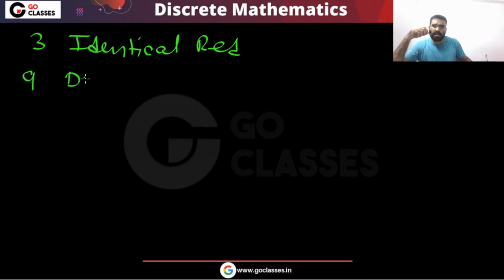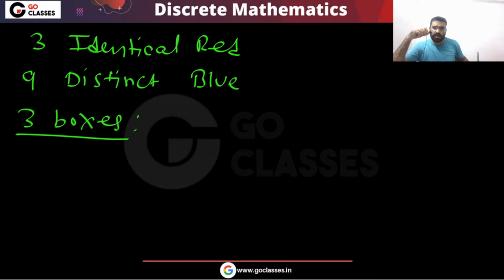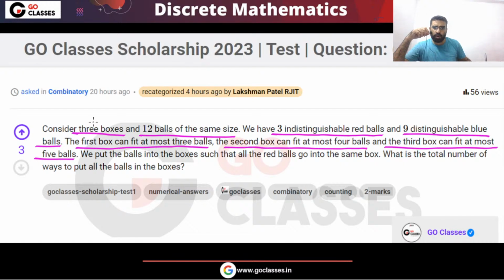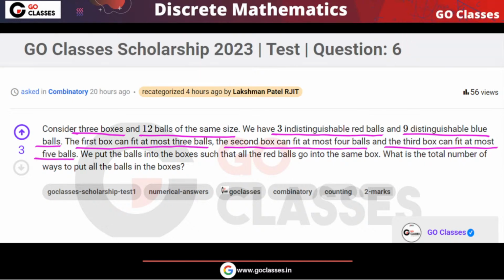There are 9 distinct blue balls. And there are 3 boxes. In this question, this information is not given, that the boxes are identical or different. How will you say that they are identical or different? These boxes. Tell me. Think about it.